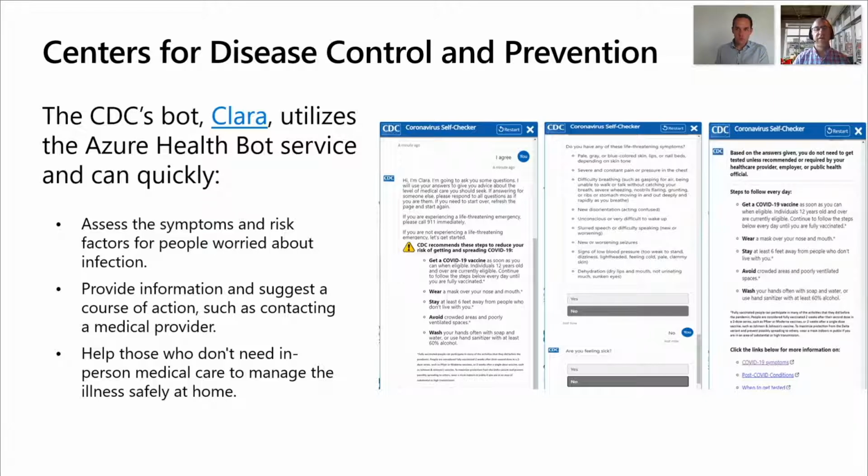So each jurisdiction had their own guidance or variations of guidance on where to go, where to seek care, when to seek care, and even the guidance that was being provided at the time related to masking. The CDC's Clara bot incorporated all that relevant jurisdiction-based guidance as part of their health bot.